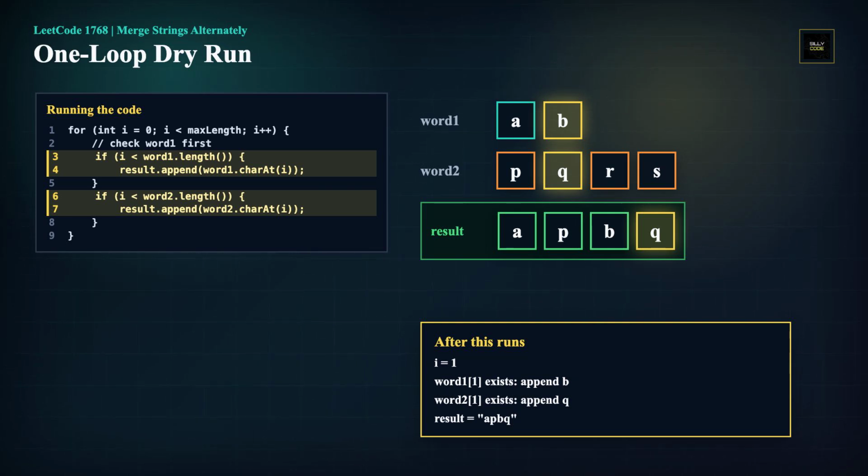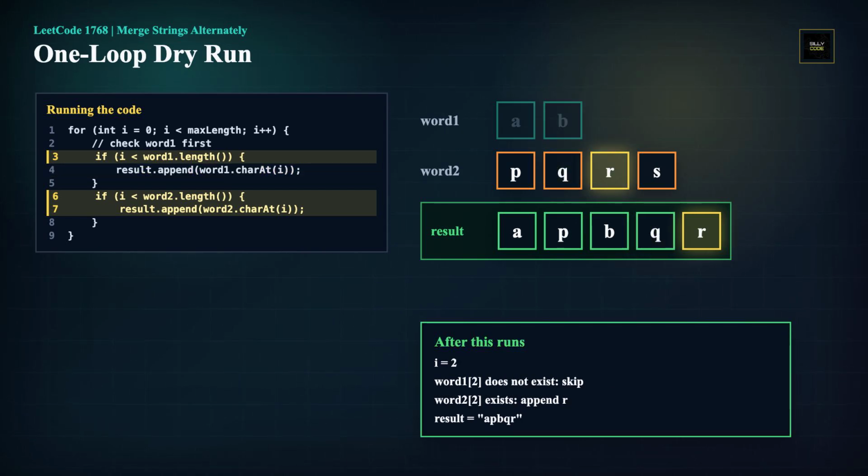At i equals 2, word1[2] does not exist, so we skip word1. word2[2] exists, so append R. Result is apbqr. At i equals 3, word1[3] does not exist, so we skip word1. word2[3] exists, so append S. Result is apbqrs. That is the final answer.